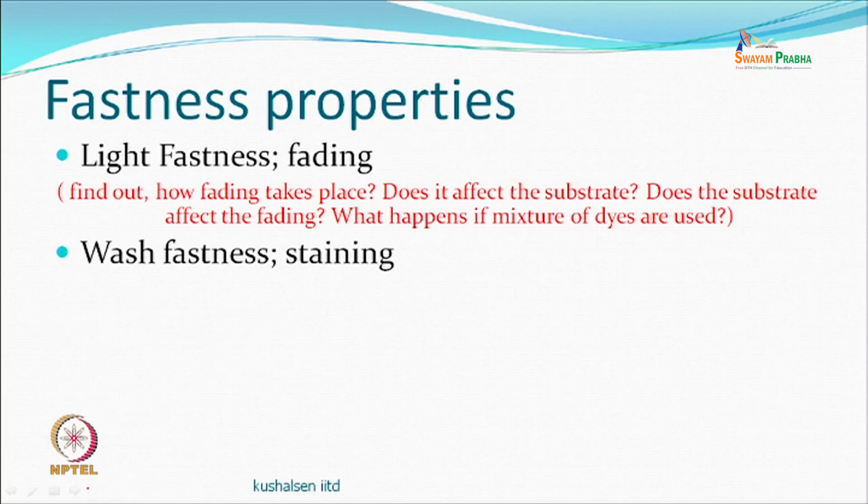And you must remember, stain is generally difficult to remove, easy to happen, because the equilibrium is in favor of the staining, because the color is more in the solution, let us say, and there is no color on the fiber.